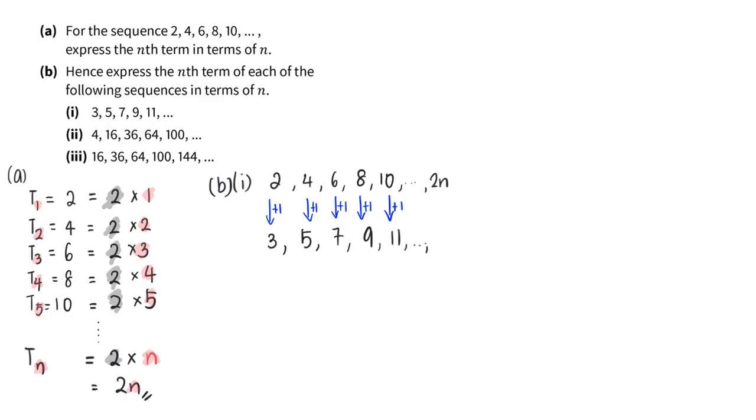And therefore, all I have to do is just add 1, and I will get the general term for part 1. So the answer would be 2n plus 1. Done.